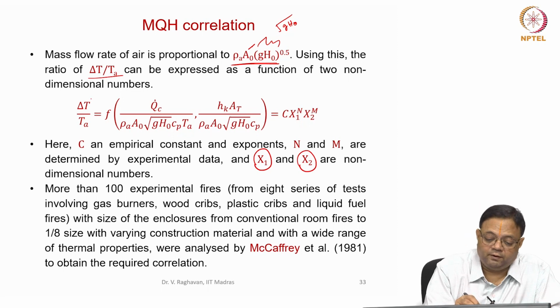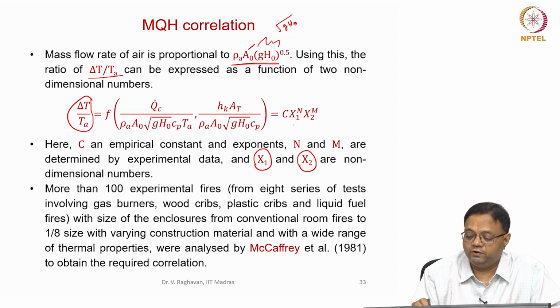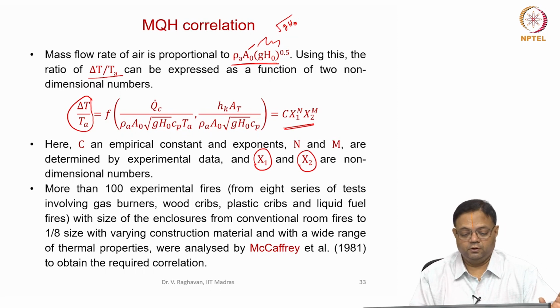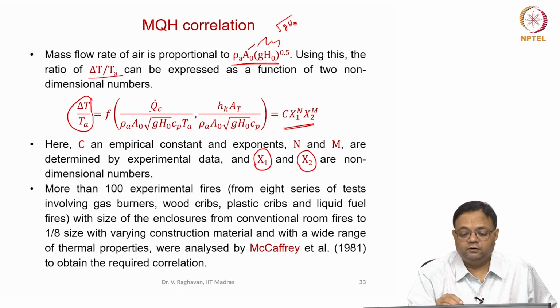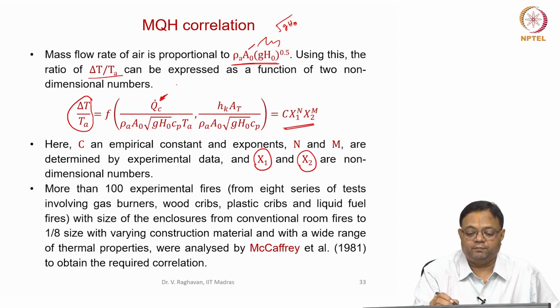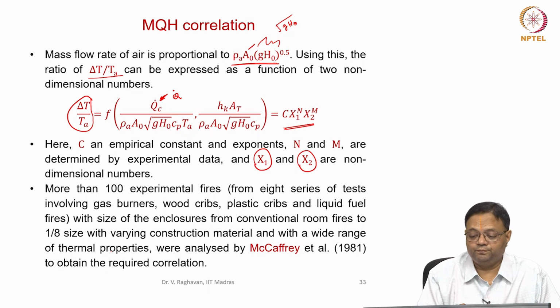So, delta T by Ta for the correlation can be fixed as a constant times x1 power n, x2 power m. That is it. So, now you can see that the convective heat transfer rate can be written as a function of the overall heat release rate.